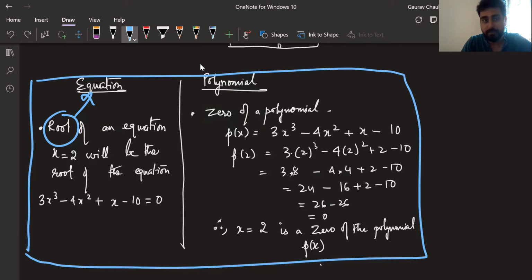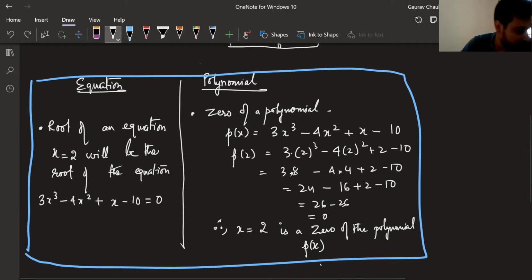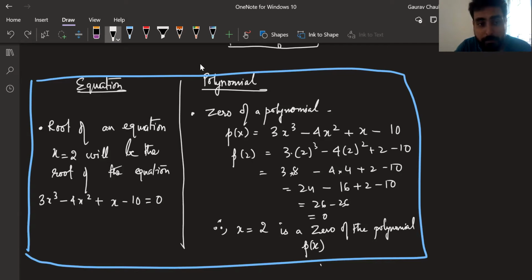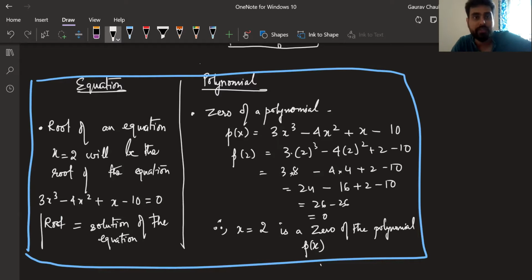Root of an equation is actually nothing but the same as the solution of the equation. Root is the same as solution of the equation.